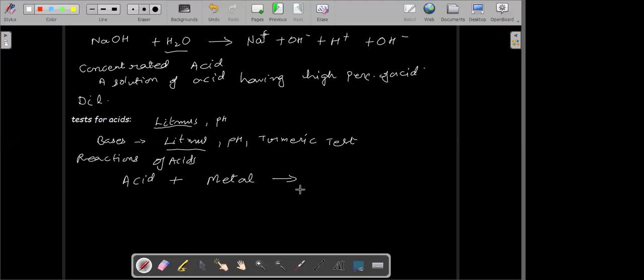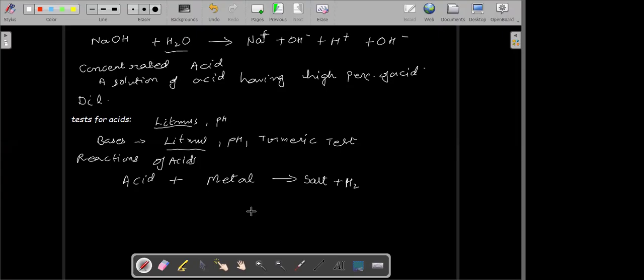You have the evolution of hydrogen gas. So which metals cannot evolve hydrogen gas? Is there any metal which cannot evolve hydrogen gas on reaction with an acid? Magnesium and manganese. Which one? So manganese and magnesium.